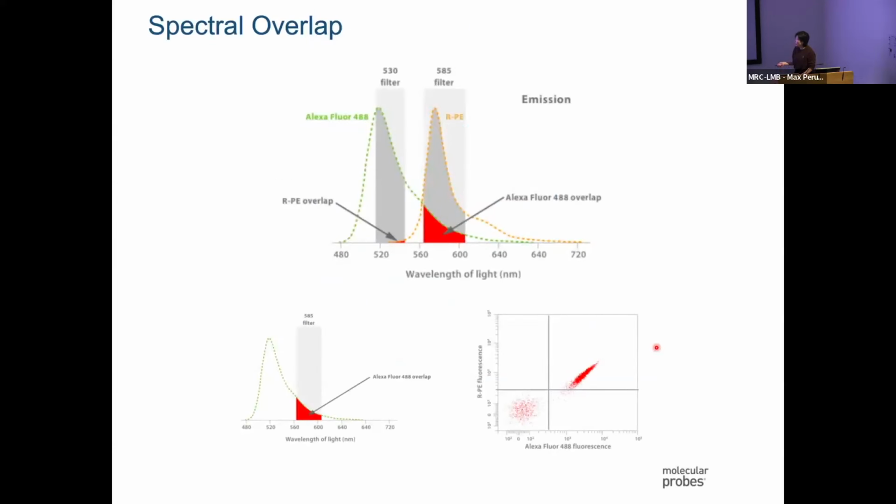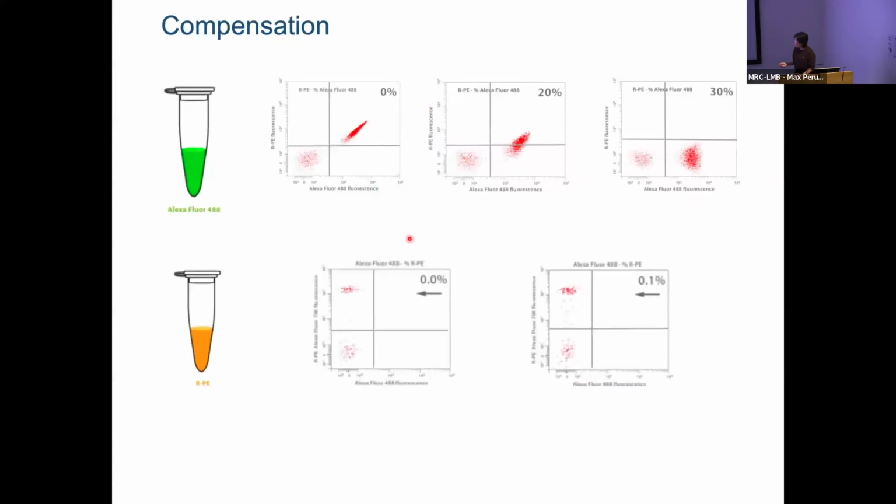When we talk about flow cytometry, we cannot avoid spectral overlap. Spectral overlap means unwanted signals spill into the channel that we are detecting. Let me take some examples. If we are running single color controls, we can assess the spectral overlap.